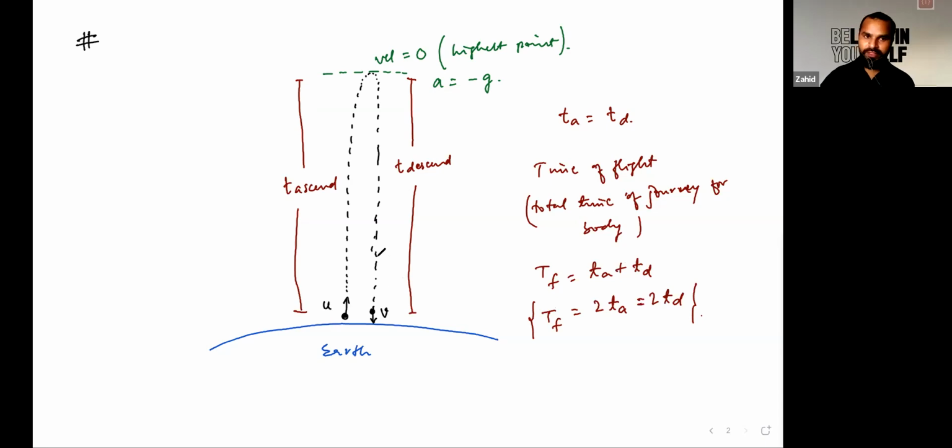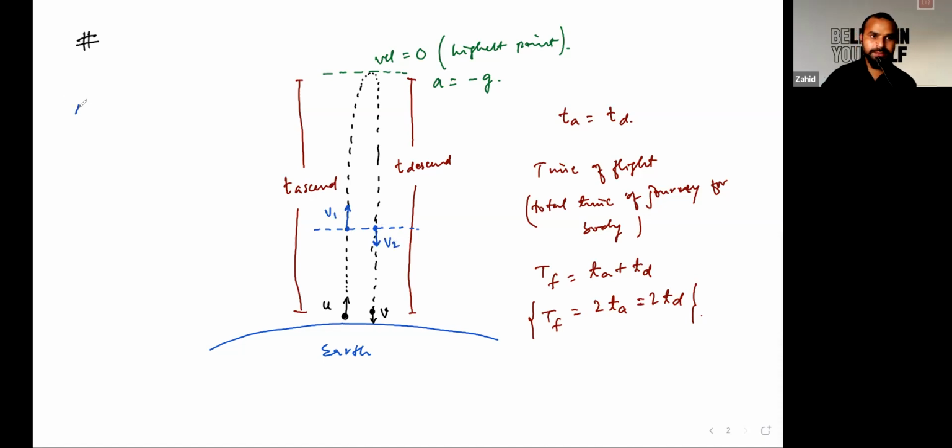There is a third relation. By symmetry, if I draw any horizontal line through any point like this, the velocity of the body while going up at this instant would be, say, v1. Similarly, the velocity at this instant while going downward is v2.